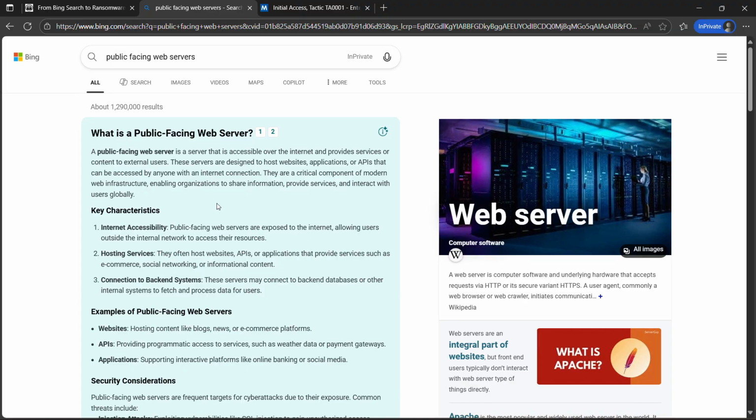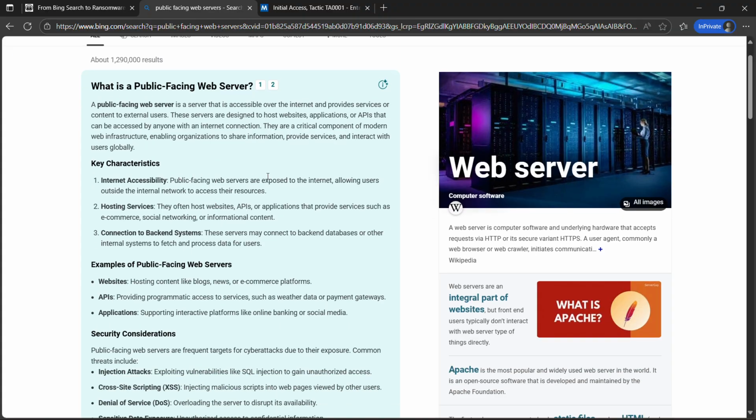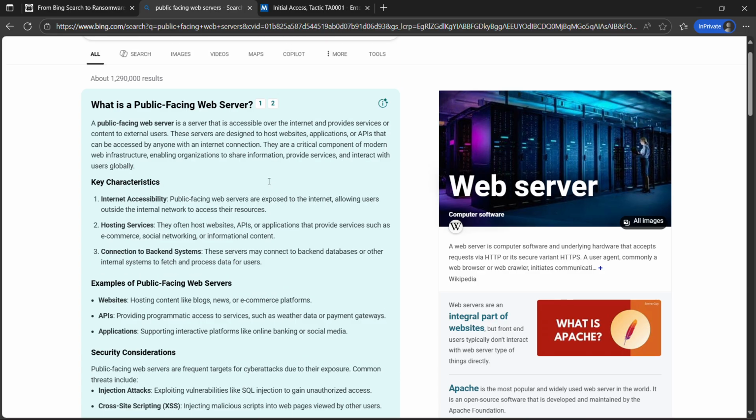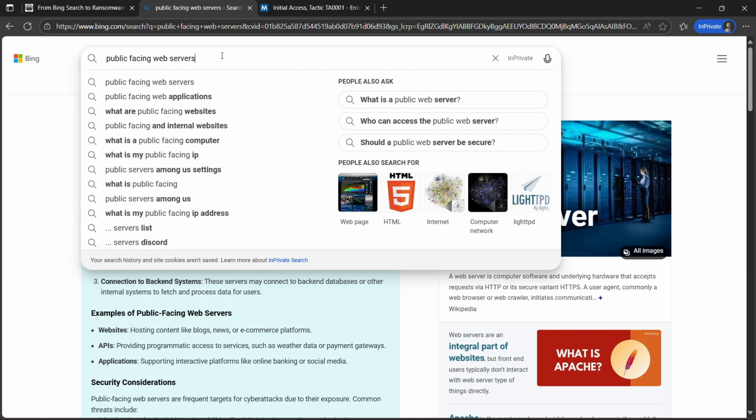Here's a sample of this. Some websites are exposed to the internet. So basically, is it like a Google Drive?